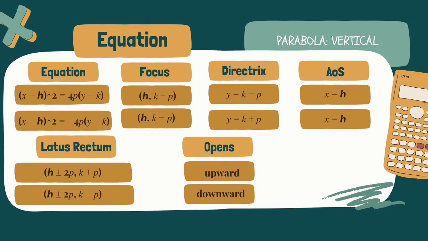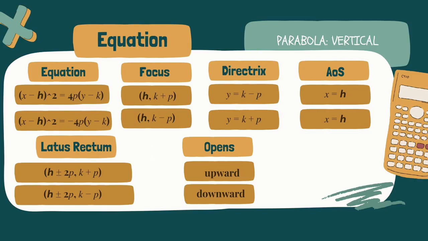So, the focus naman po is hindi na natin ipag-plus si h and p. So, ang magiging formula na is h and k plus p. So, si k and p naman po yung ipagpa-plus natin kapag upward. And kapag downward naman po, k minus p naman po.